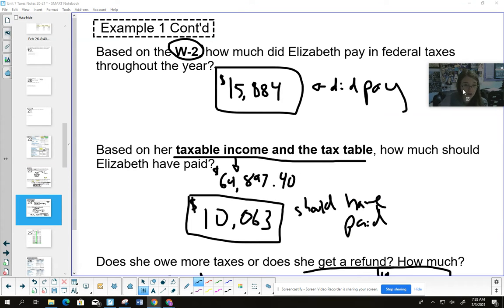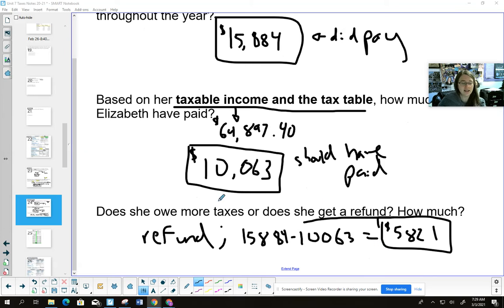Then we compare what you did pay based off the W-2 to what you should have paid based off the tax table to see if you owe or get a refund. And again, she's getting a refund because this is the bigger number. If this number were bigger, that means she didn't pay enough and she would owe.